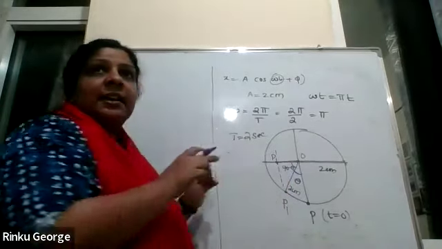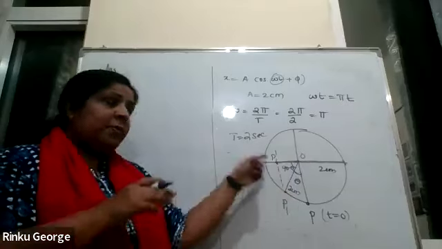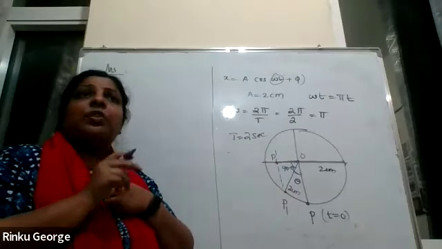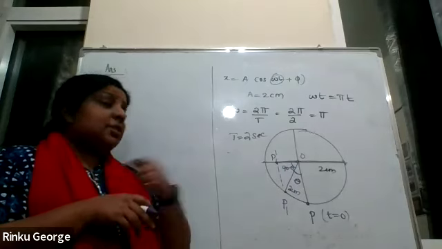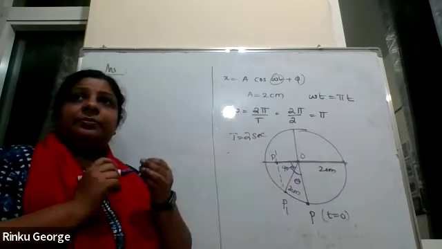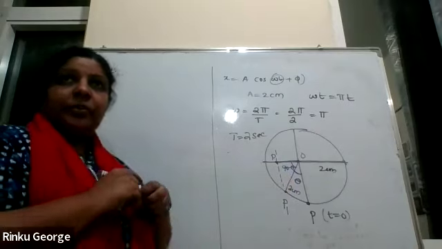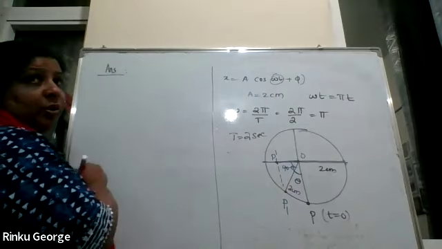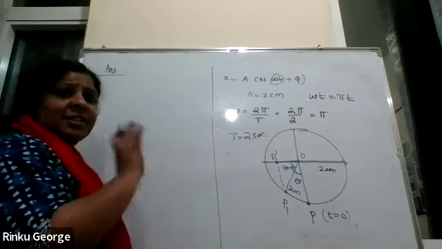P1 dash P1 is a right angle triangle. So for finding the displacement, we need OP1 dash. How will you find OP1 dash? Take cos. Cos theta is adjacent by hypotenuse. Understood? I will do only one problem. When the teacher is teaching, we will do more. This concept you should know.